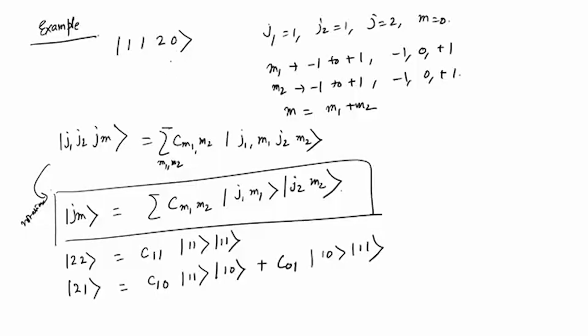You can still do it, your m was equal to 0. If m is equal to 0 and the maximum value of m can go to 2, you have to do this twice. Instead of that, you wrote down all the linear combinations by inspection of what can be the m1 and m2.